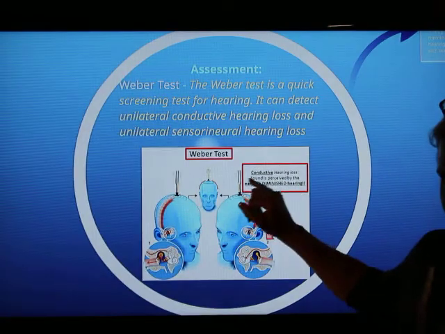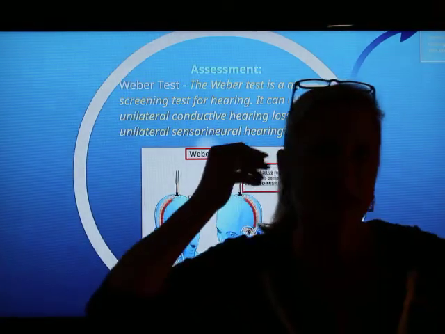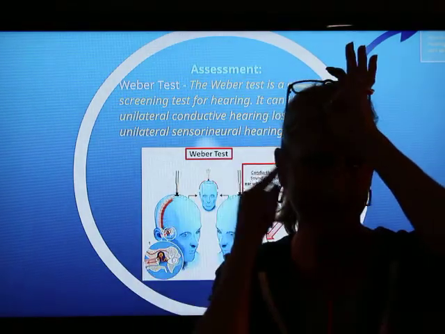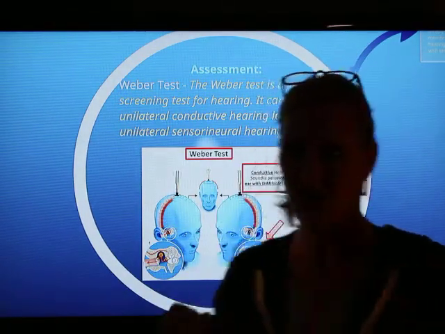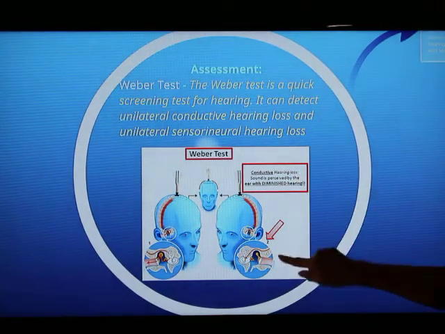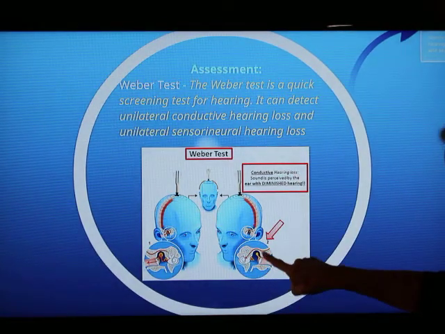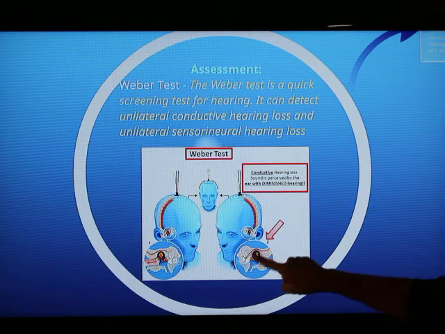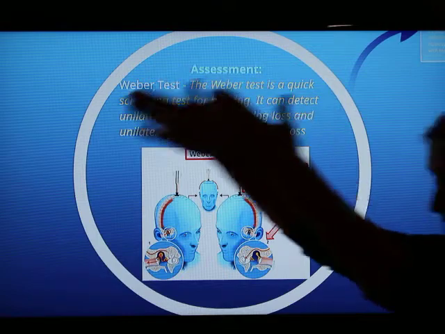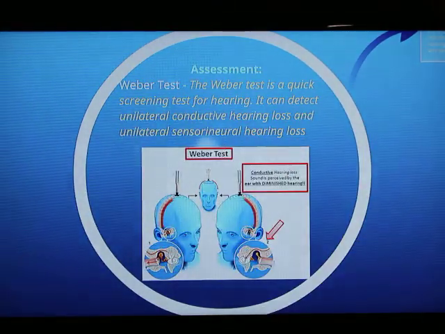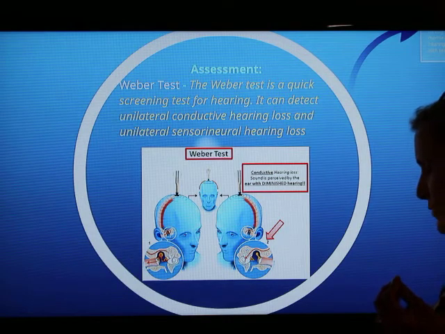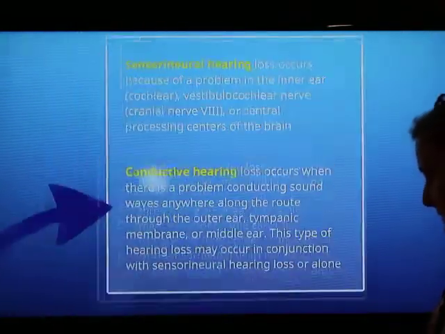In somebody who has conductive hearing loss, in the ear that they cannot hear this, if you do the Weber's test, they'll hear it better in that ear than in the other ear. So that's how you can tell if it is a conductive hearing loss. In a conductive hearing loss, you have a problem with the conduction. The sound out here is not getting conducted, and you test for that with the Weber's test.